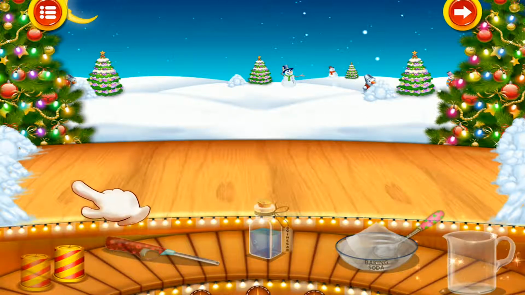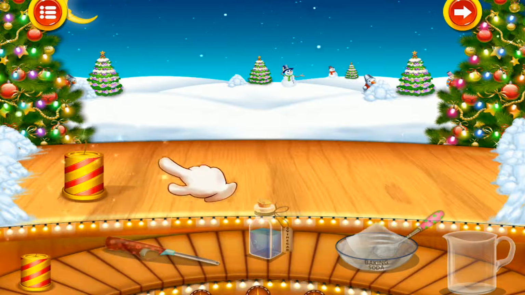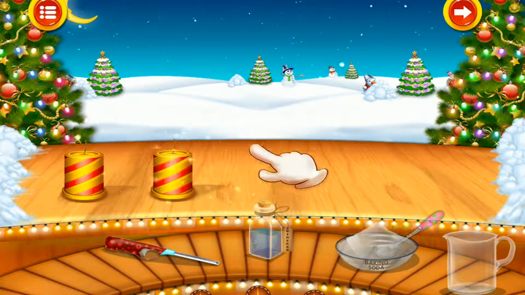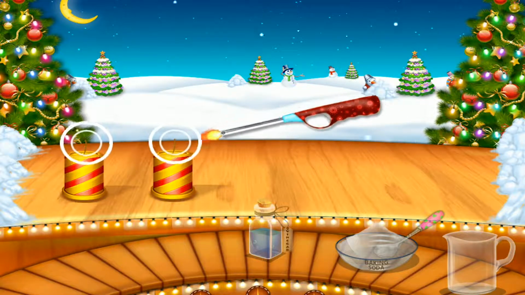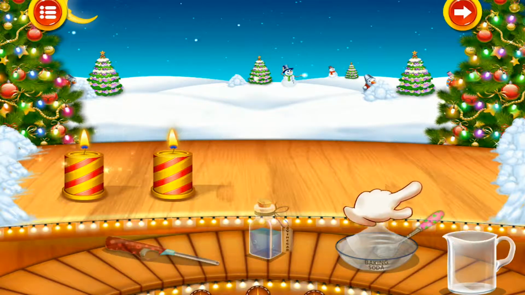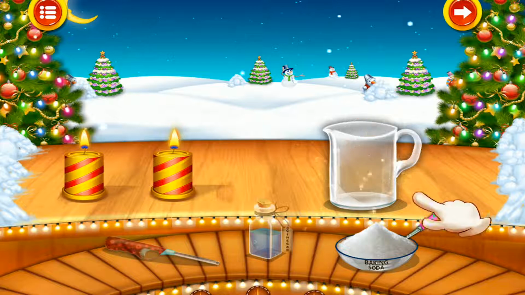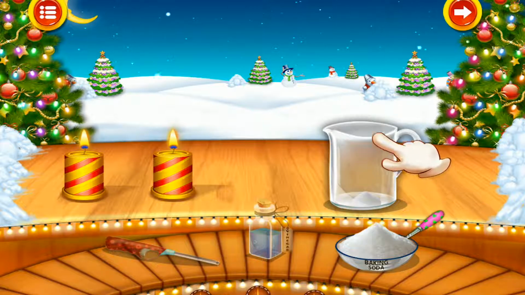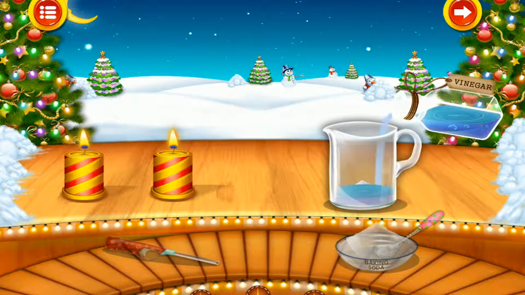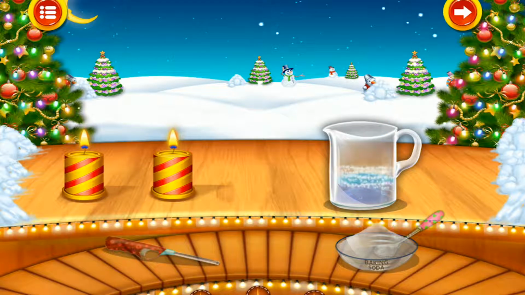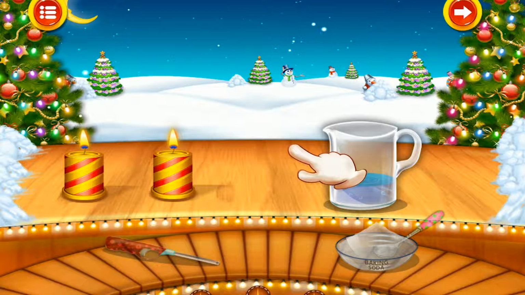With the help of a lighter, ignite the candles. Take a jug. Put some baking soda in the jug. Add some vinegar to the baking soda. Now take the jug near the candles. What did you see?